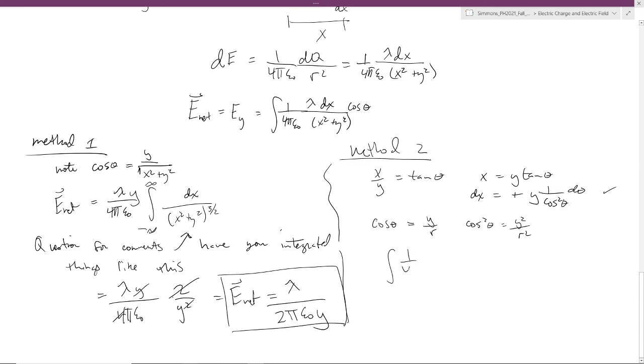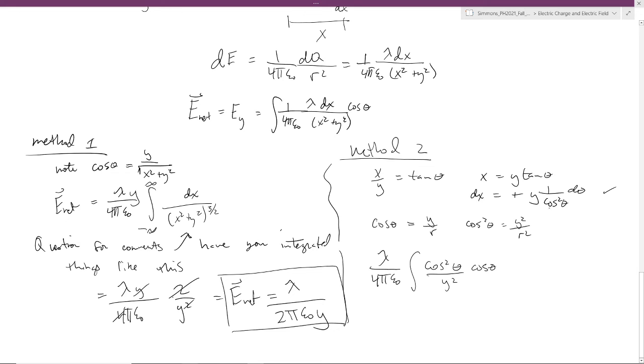Let me pull out the constants, lambda over 4 pi epsilon naught. The 1 over x squared plus y squared would become cosine squared over y squared. And then we have this additional factor of cosine theta due to the y component being the only contribution.